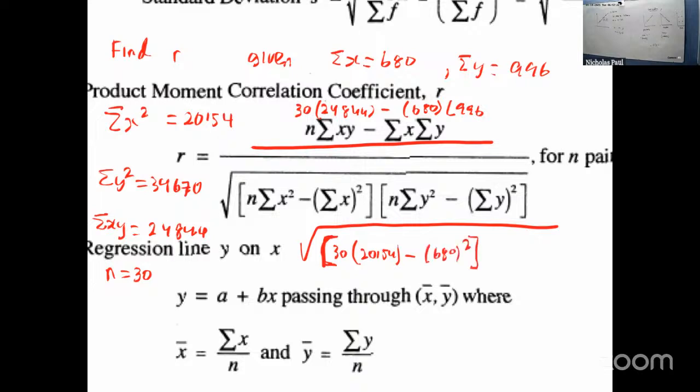You close that bracket, then open the next bracket: 30 times the sum of y squared, which is 34,670, minus the sum of y, 996 squared. Close the bracket, take the square root of all of that, and you should get 0.8. I wouldn't say very strong, but you can say strong positive correlation.